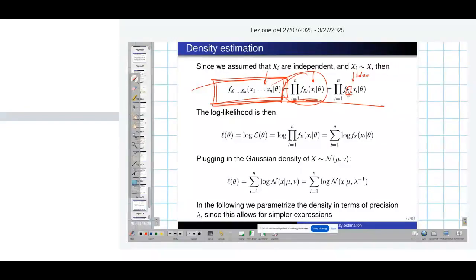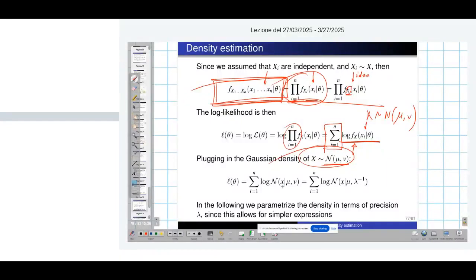Here we lose the index i because they are all distributed as a random variable X that is Gaussian distributed. Taking the logarithm, this product becomes a sum over samples, and here I have the logarithm of the density of X computed at value xi. This density is the Gaussian density because X is Gaussian distributed.